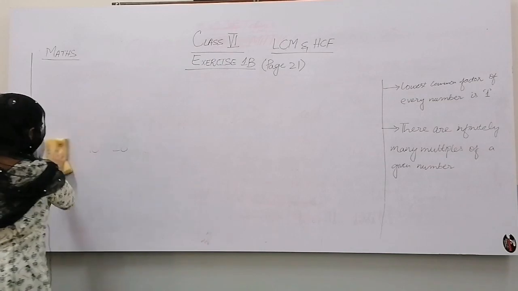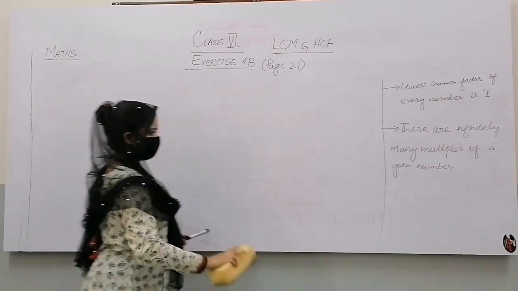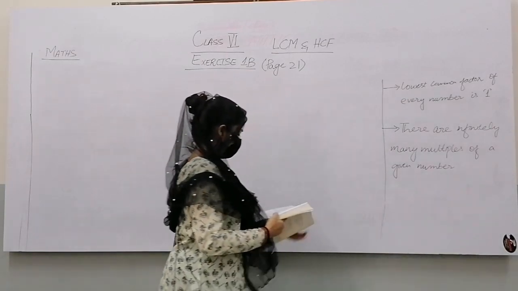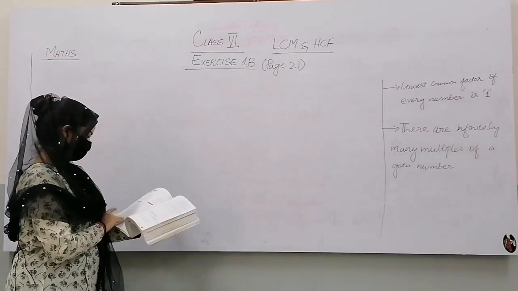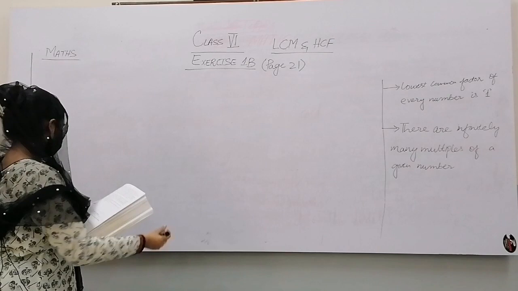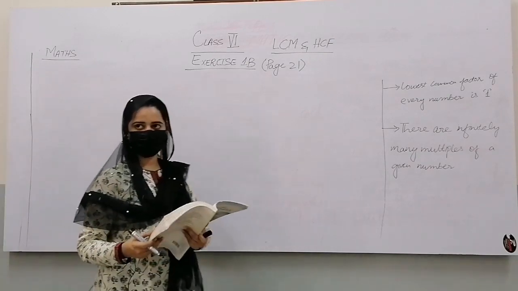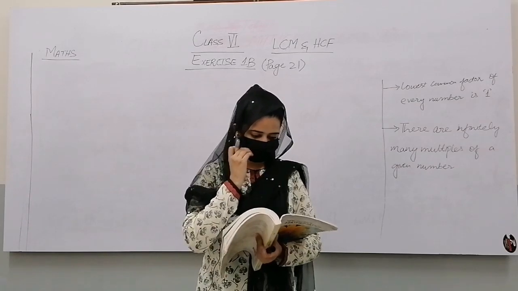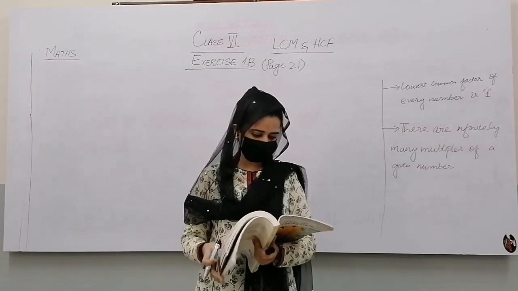Exercise 1B. Question number 1. It's on page number 21. Question number 1 is, find the highest common factor of each of the following numbers.